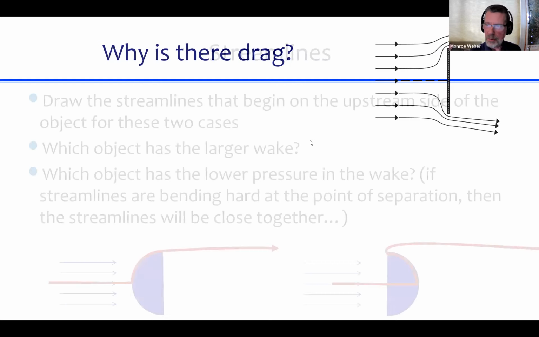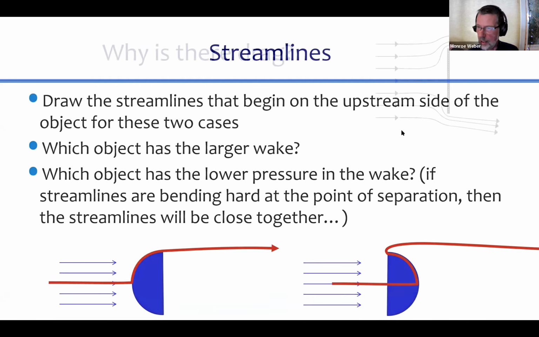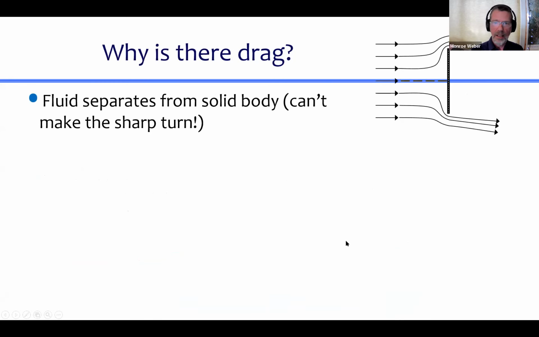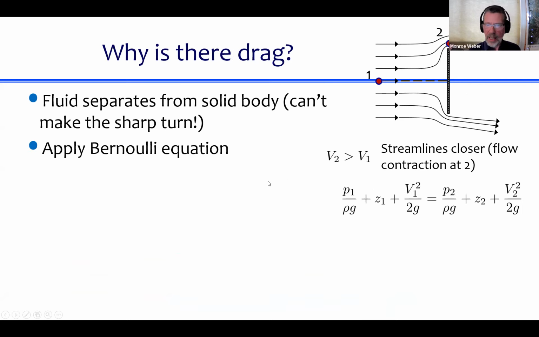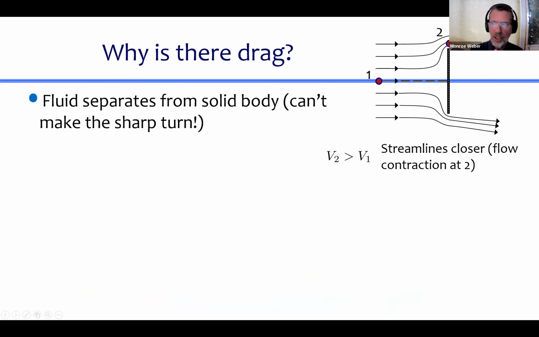And what happens if streamlines are getting close together? So we're going to take point 1 and we're going to compare it with point 2, and I should have moved point 1 up to a different streamline because I need to be on the same streamline. First conclusion, V2 is greater than V1.